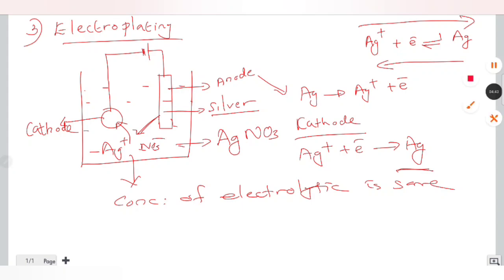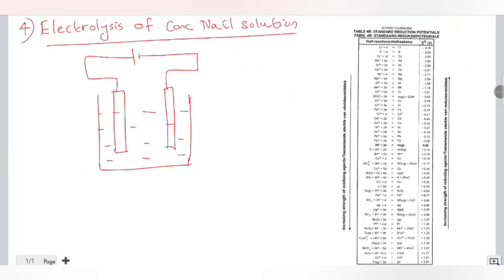Okay. The last application is electrolysis of concentrated sodium chloride solution. If you look at it, these two electrodes are also made up of carbon. We saw carbon electrodes for decomposition of copper chloride. So the next one that has carbon is electrolysis of concentrated sodium chloride solution.